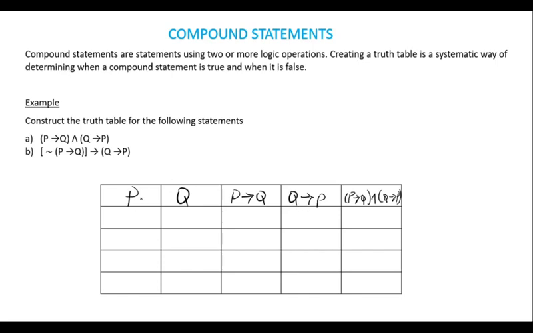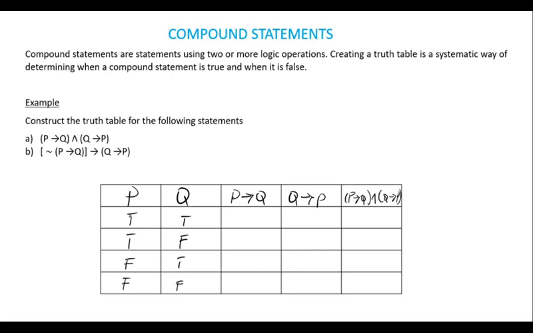For the statement P, we have true, true, false, false. For Q, we have true, false, true, false. Now we can go ahead and use these two sets of truth values to find the other logic operations. Now, P implies Q, as I said in the previous tutorial, can only be false if the starting condition is true and then the ending is false.